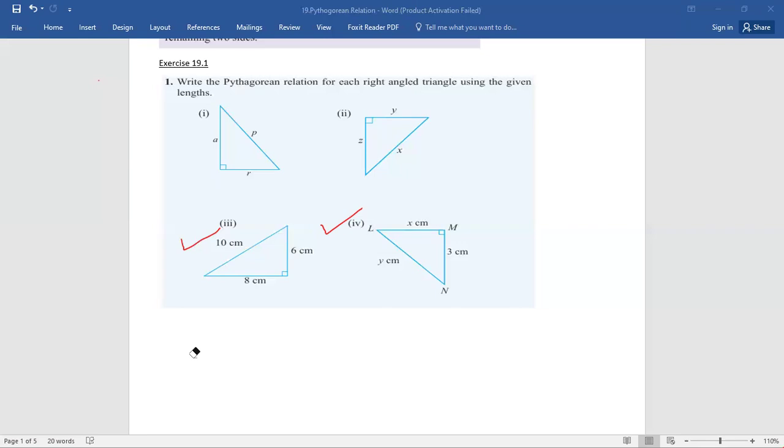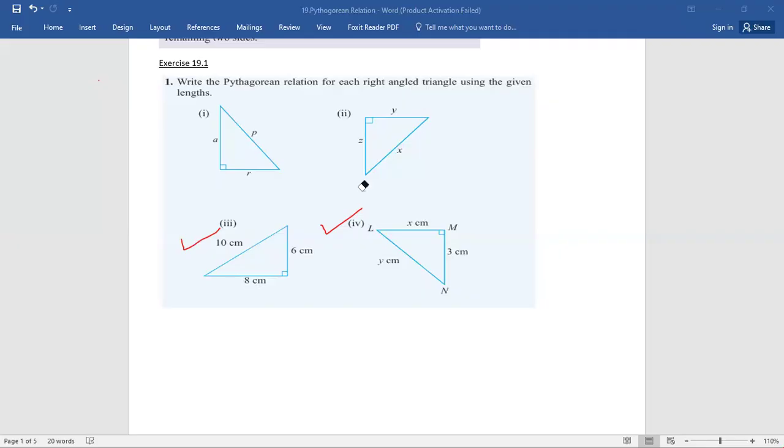Sir, finished. Right. So how did you do the third one? The third one, sir, 10 to the power of 2 equals 6 to the power of 2 plus 8 to the power of 2.